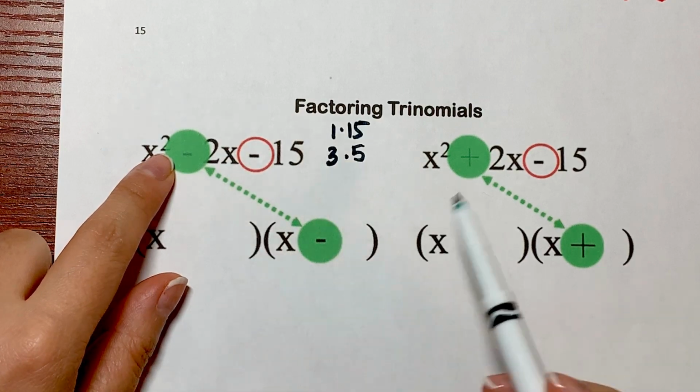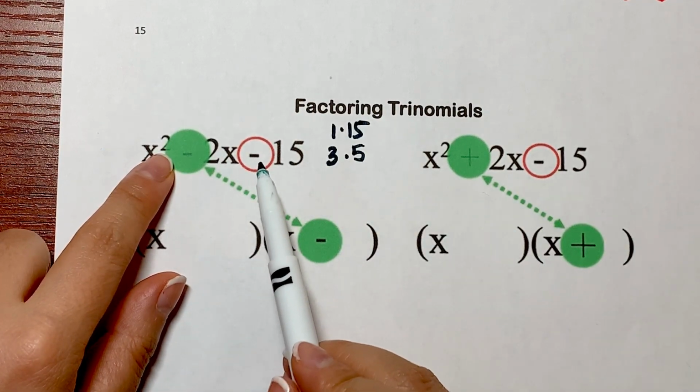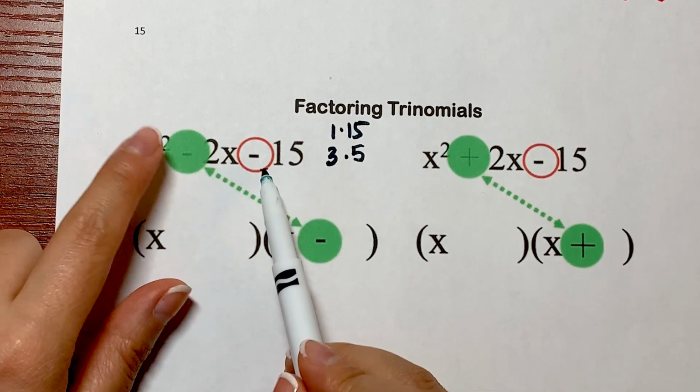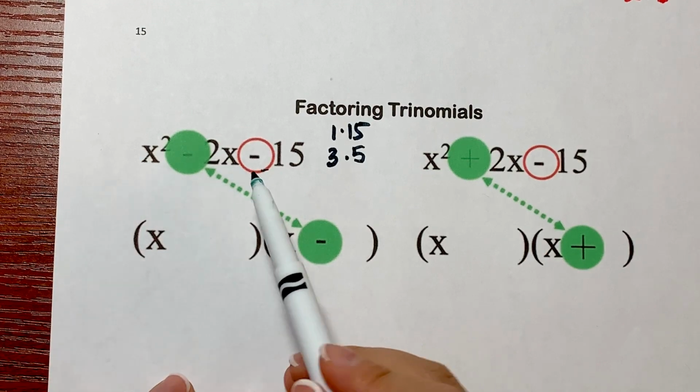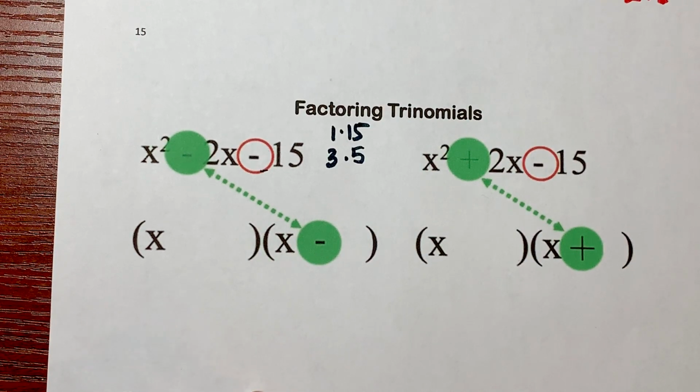We have to find something that has a difference of 2. Okay, how do we know that's a difference? Well, because right here is negative. In order to have a negative as a product, you have to have one positive and one negative number. So which pair will give you a difference of 2 here?